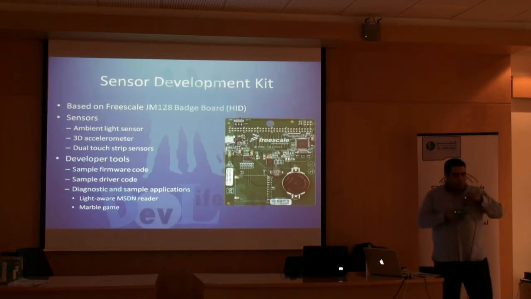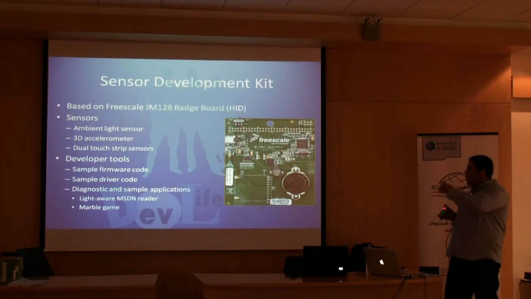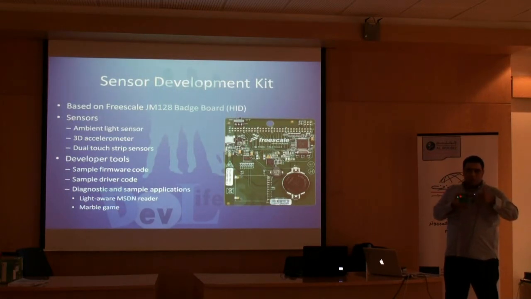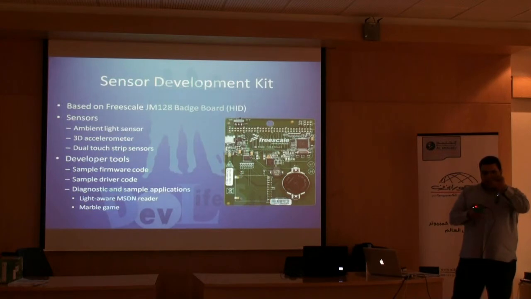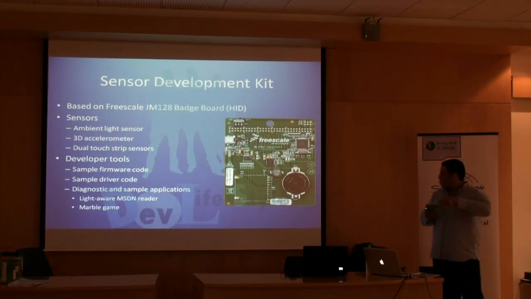It used to be a badge, but it has a special firmware to access 3 types of sensors here. It has proximity, touch buttons, but the proximity buttons are a little bit different because you cannot use a pen and click on it. It has to be a human finger.